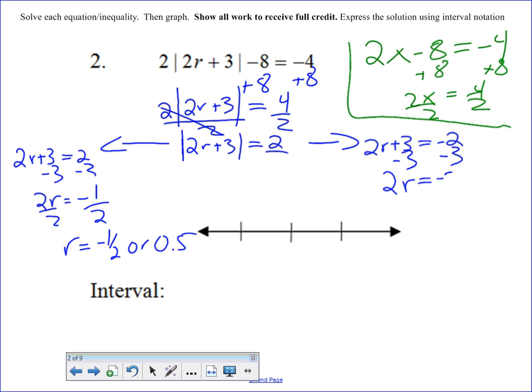2r equals, so now we're solving the other side. Subtract 3 from both sides, divide both sides by 2, and I'll get r equals negative 5/2 or negative 2.5. So we have to put those on the number line.